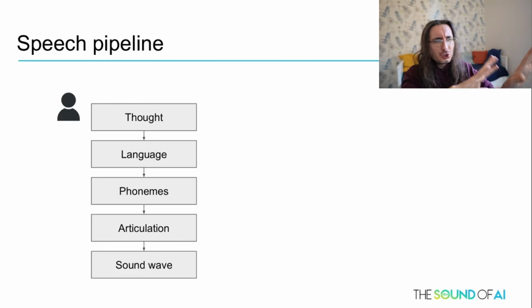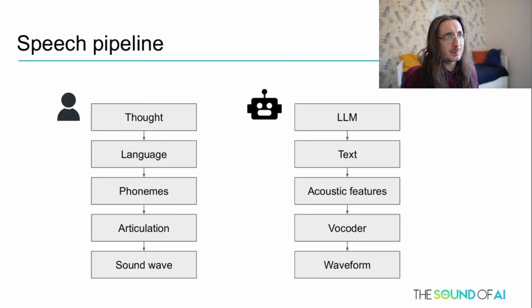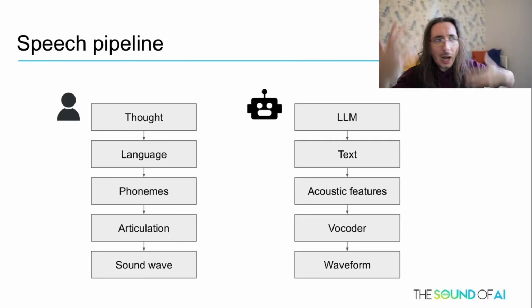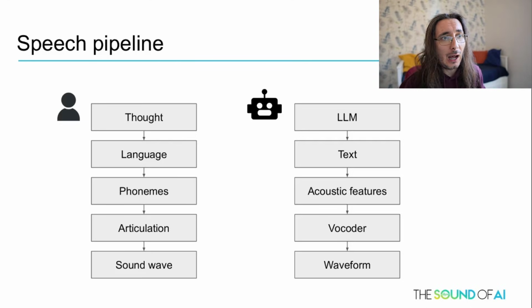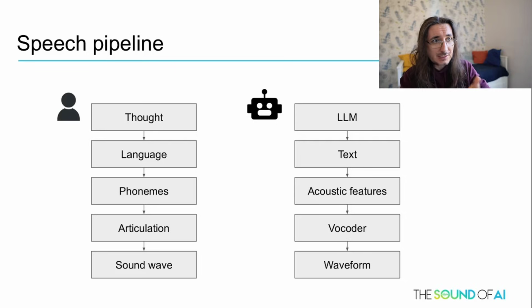Now let's do the mirror thing with a machine, with a text-to-speech machine that can generate speech. The thinking part and the language part, we can think of it as a large language model that generates some thoughts, some ideas, that get transcribed into text. That's the language part of it.